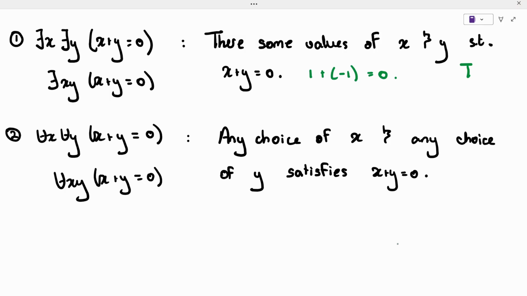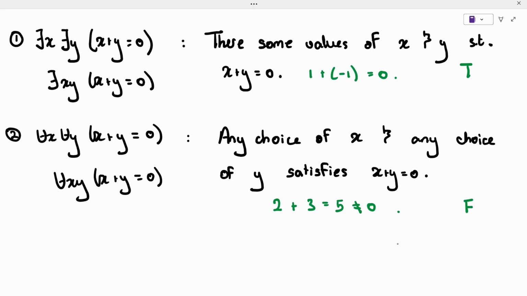Now, is this true? Well, let's see. For any choice of x, maybe we choose x is 2. And any choice of y, we can choose y is 3. This is not equal to 0. So this is a false statement. And why is it false? Because we cannot choose any value of x and any value of y to satisfy this statement.